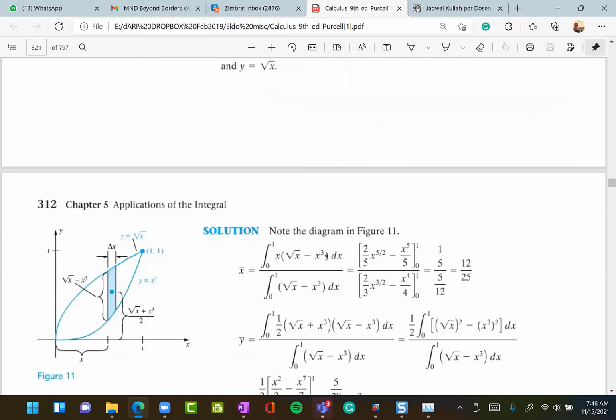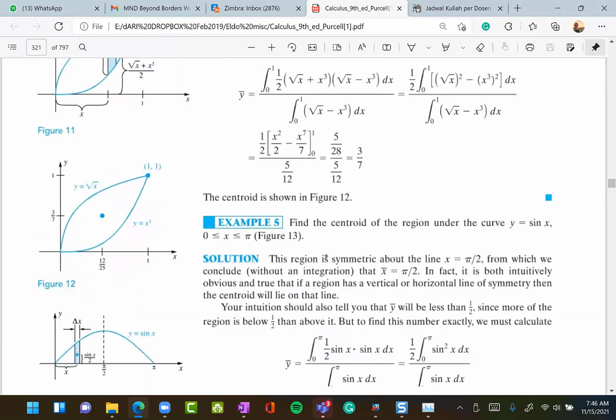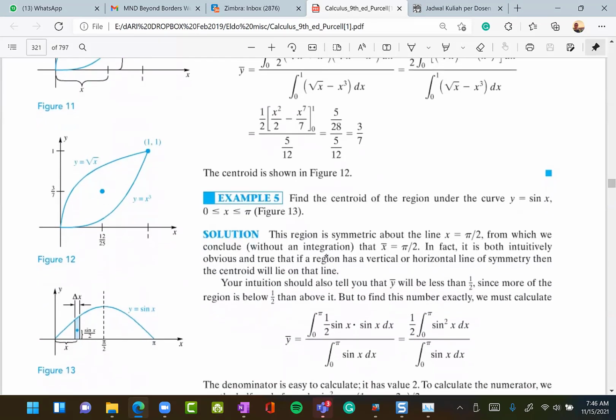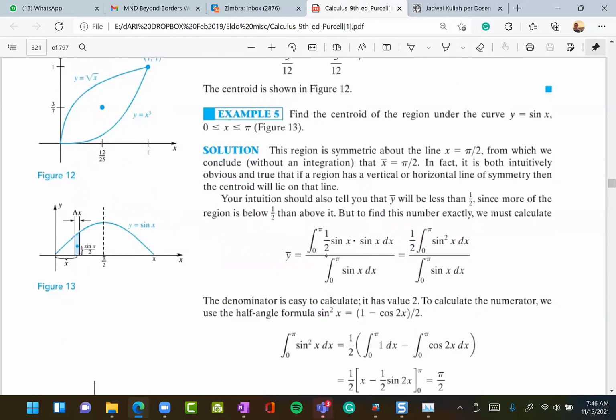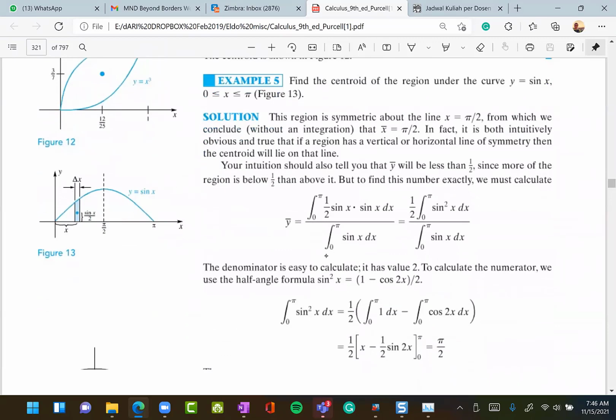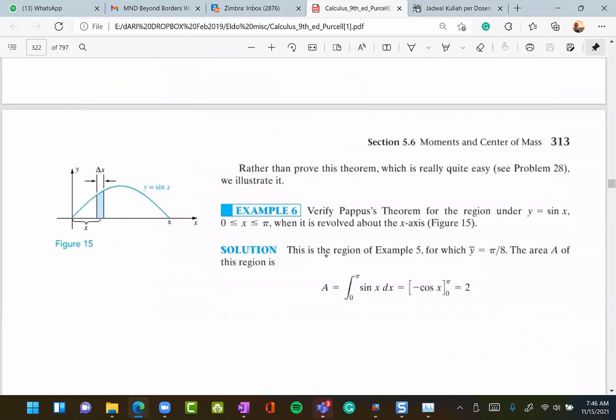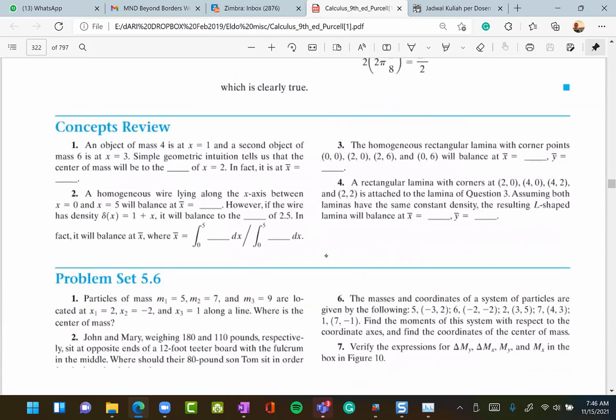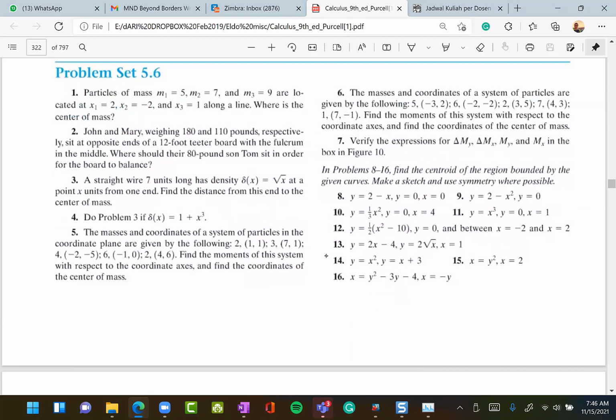Well, let's find something more symmetric. All right, this one is problem 9.